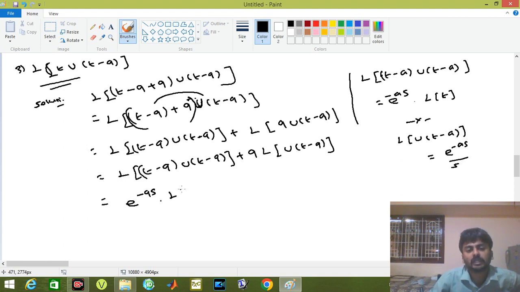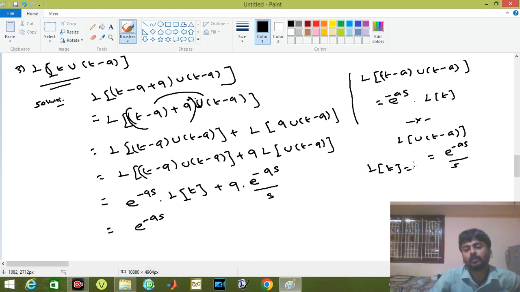Here, L of t is the t in the first part, plus 9 into e power of minus 9s by s, with a equal to 9. So what is L of t? L of t equals 1 by s square, that is the formula.